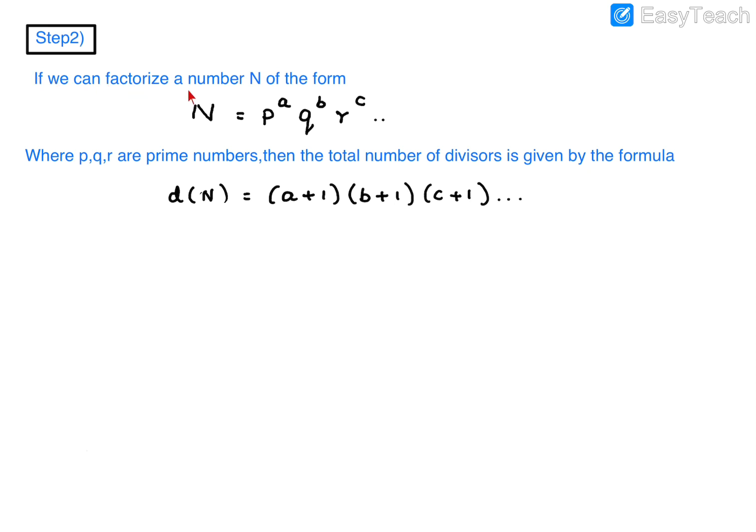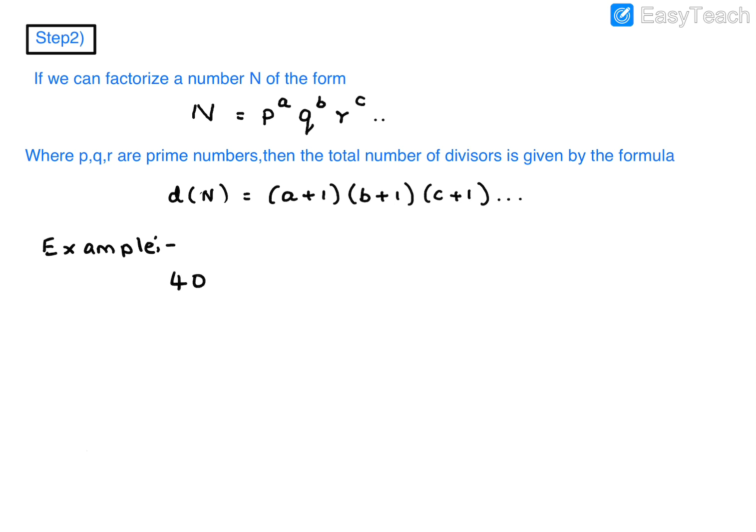If we can factorize a number n of the form n is equal to p to the power a, q to the power b, r to the power c, etc., where p, q and r are prime numbers, then the total number of divisors is given by the formula d of n is a plus 1 times b plus 1 times c plus 1. Let's take the same example of 40 and see what we are talking about here.